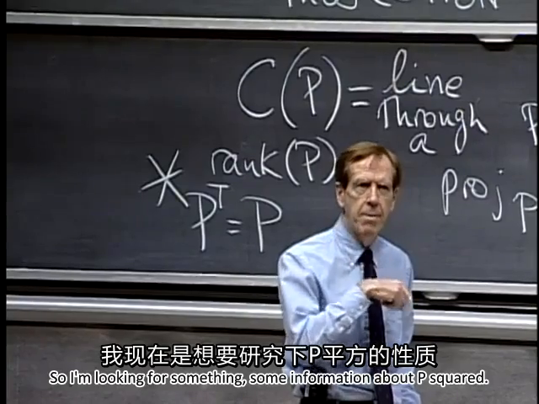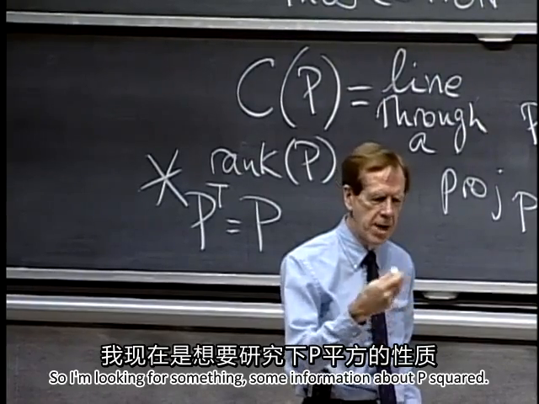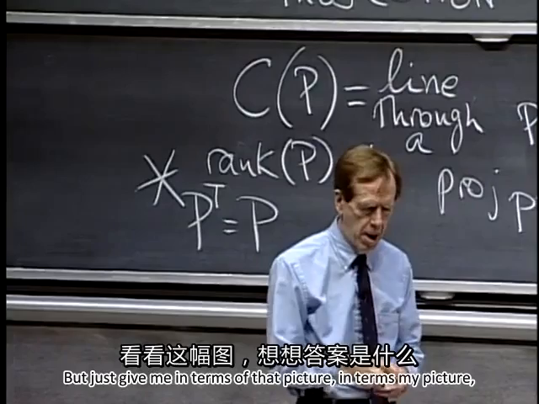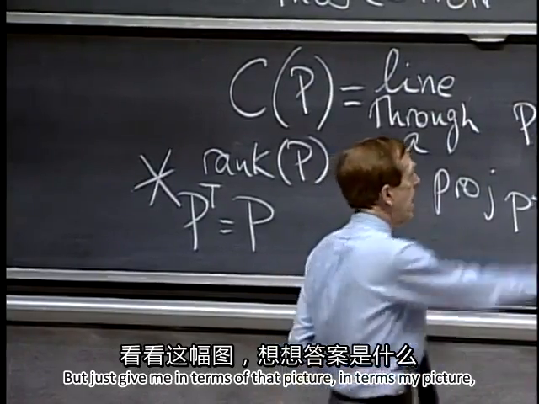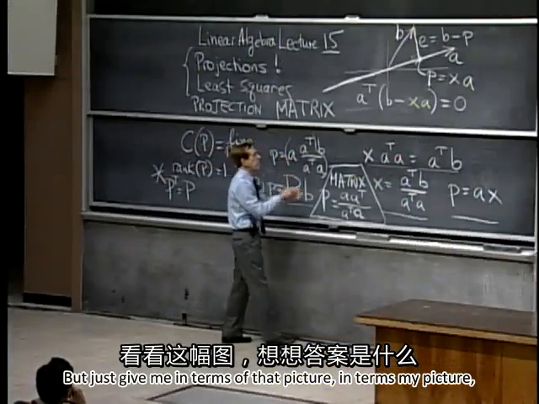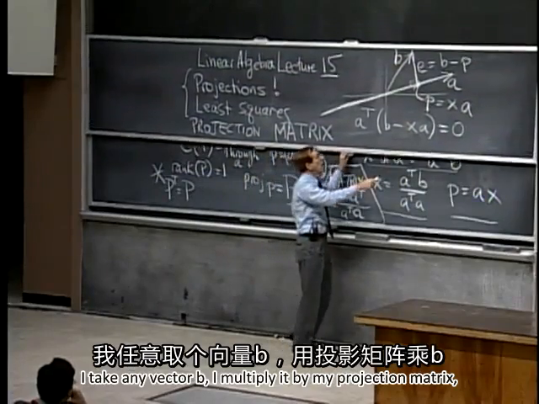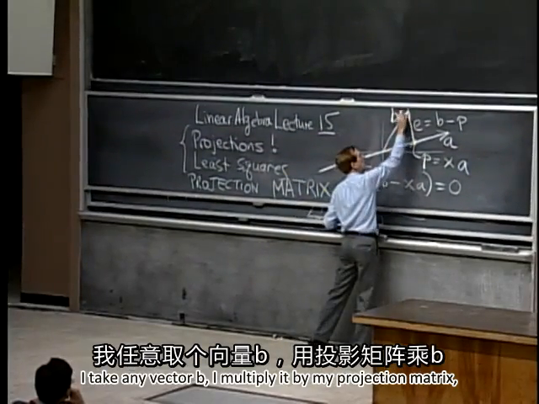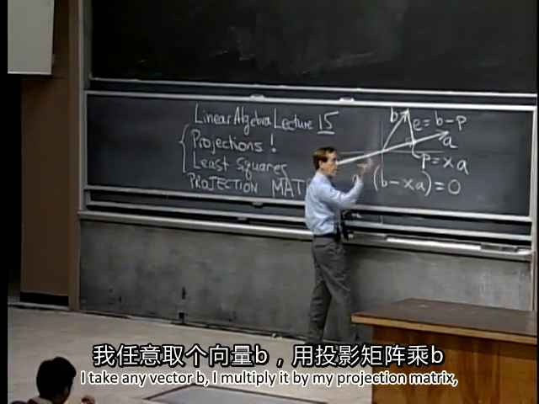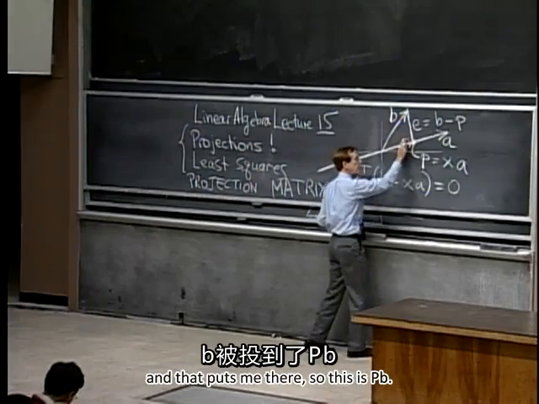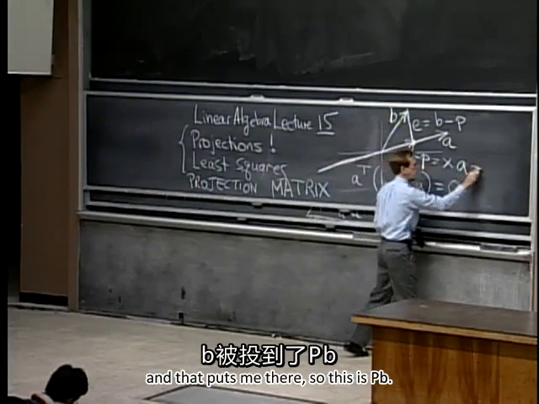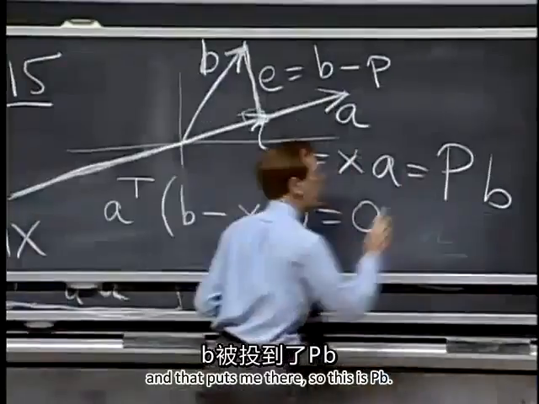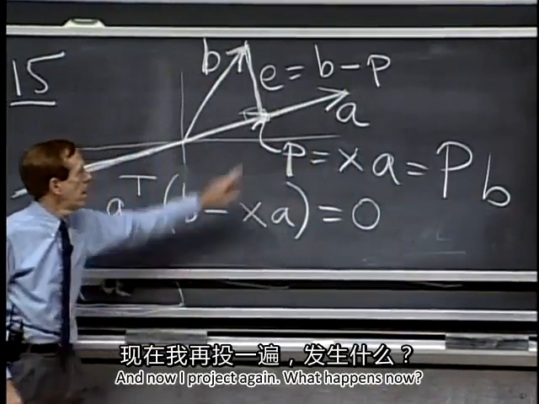So I'm looking for some information about P squared, just in terms of that picture. In terms of my picture, I take any vector B, I multiply it by my projection matrix, and that puts me there. So this is PB. And now I project again.